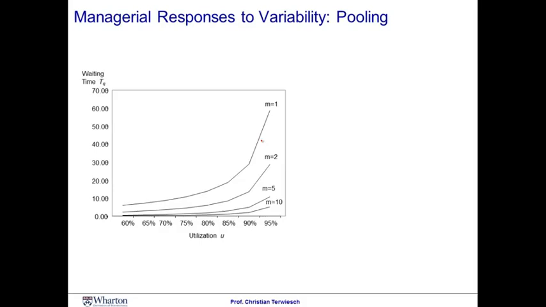Now what you notice here is that as you increase the utilization, indeed the waiting time goes up very steeply. However, you notice that for m equals 1, already an 80% utilization is quite a steep increase for every additional unit of utilization added. At m equals 10, you can safely keep on adding additional units of utilization. So this is really the effect of pooling at work.